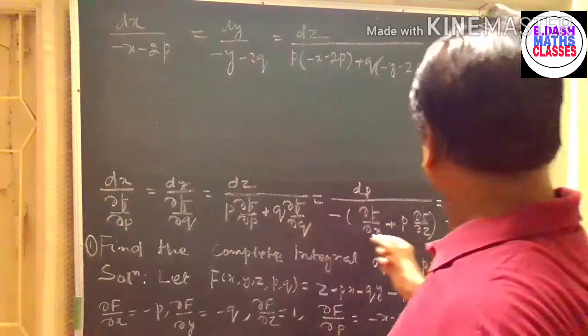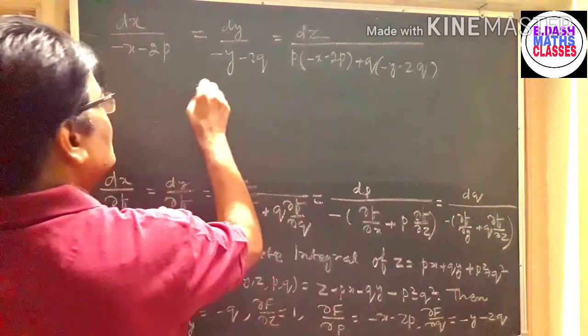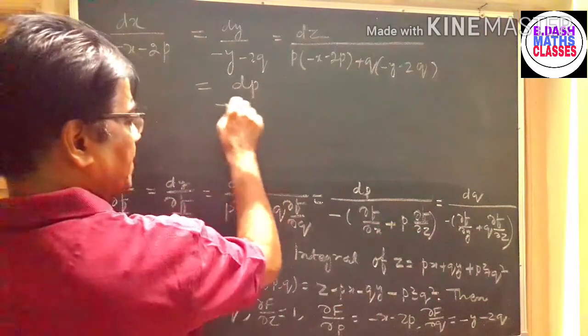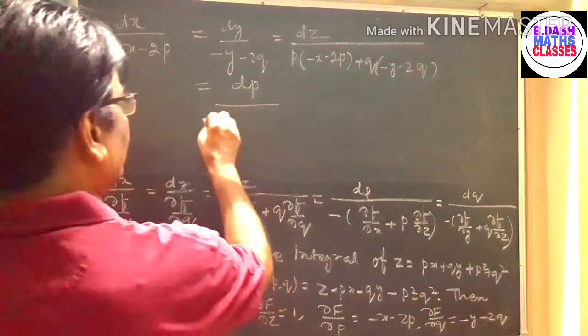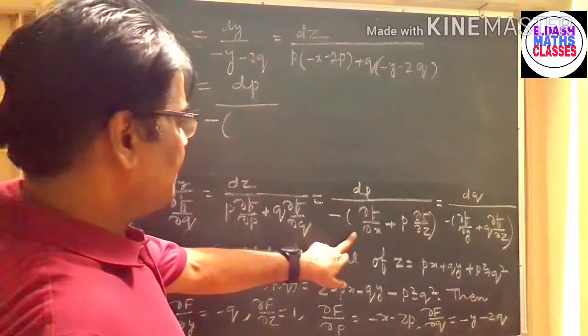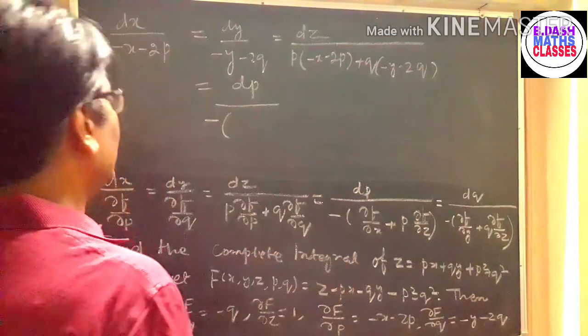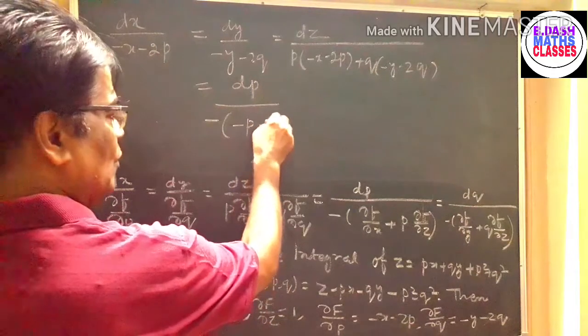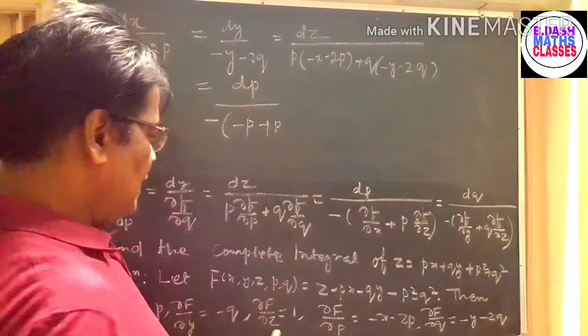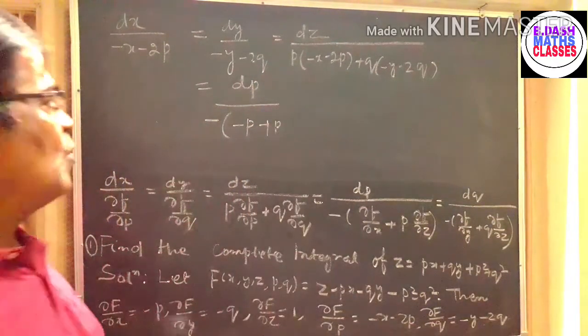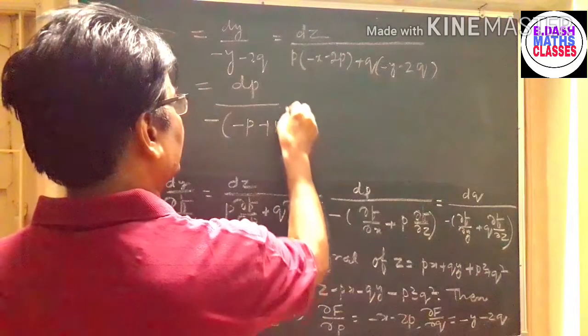This is equal to dp by minus del f by del x plus p del f by del z. Del f by del x is minus p, plus p into del f by del z, which is 1. So we can put the value here.